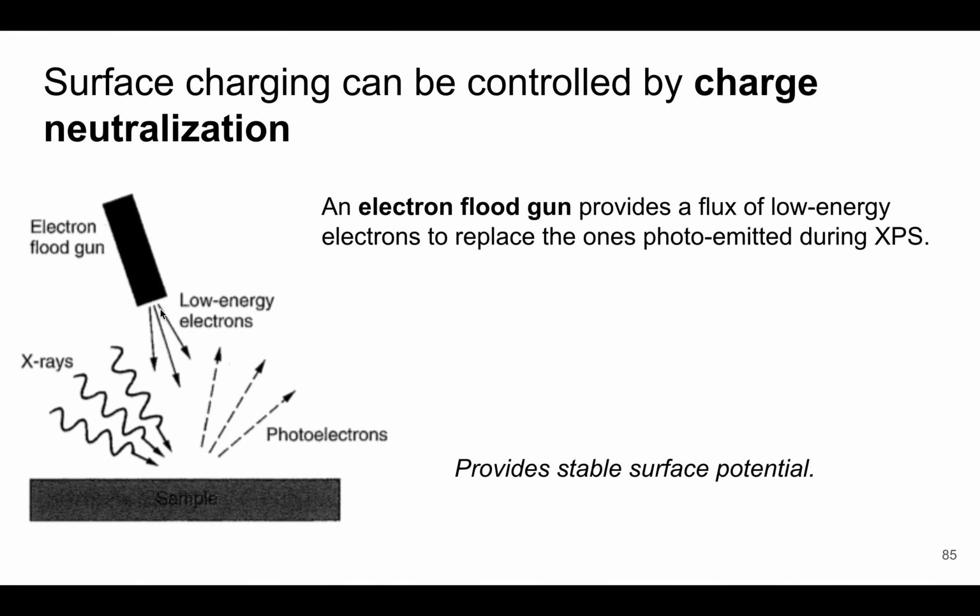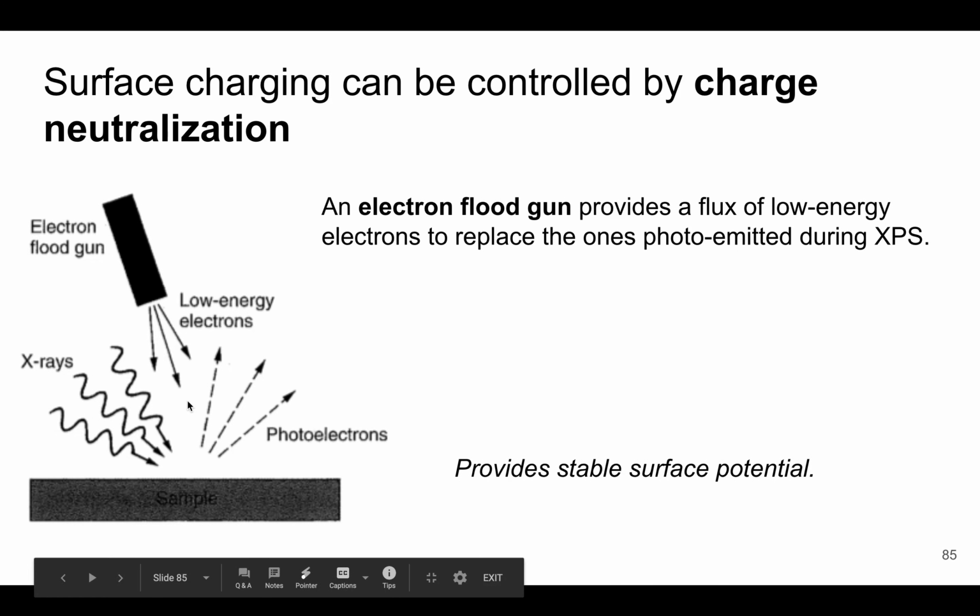It's a gun that prepares low energy electrons. It provides a flux of low energy electrons that it fires at the surface. The function there is to balance the charge of the surface, so it stabilizes that surface potential.